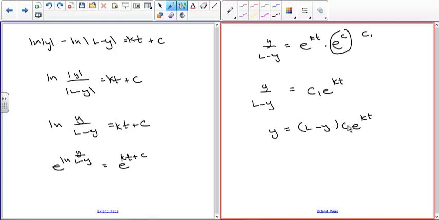You move this to the other side, so you'll get y plus y e to the kt is equal to L times c1 e to the kt. Then you factor out y, so you get y times 1 plus e to the kt is equal to L times c1 e to the kt.